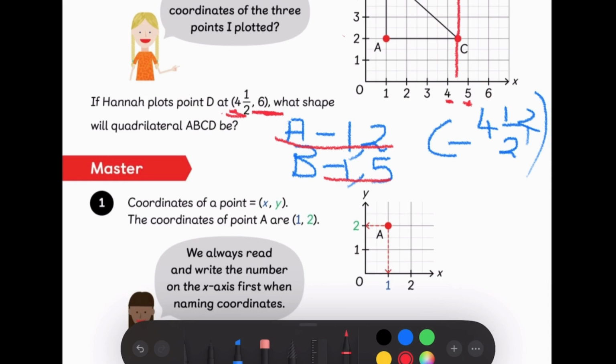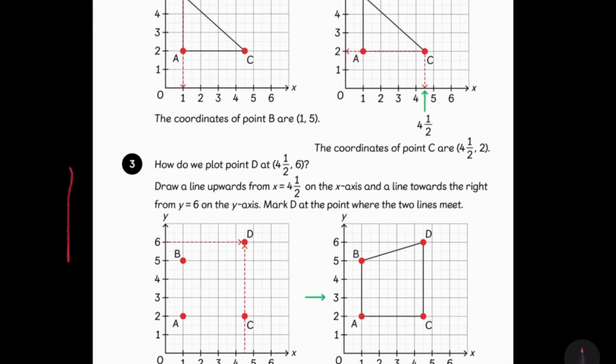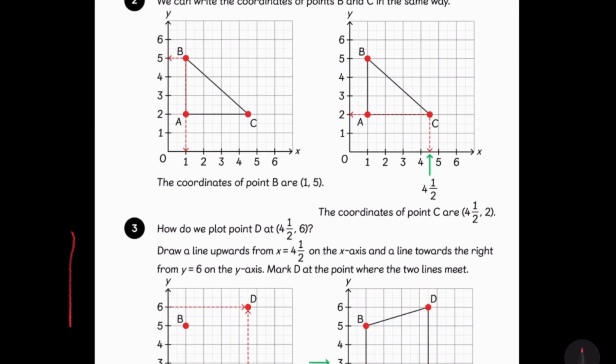That is how they have made this imaginary line and put their point or their dot. So that was to give you an idea or an understanding how things happen.